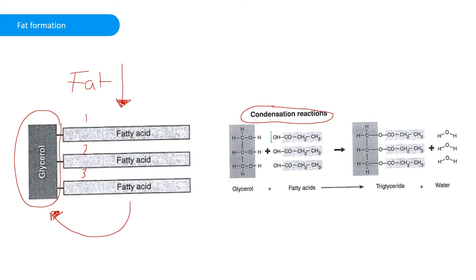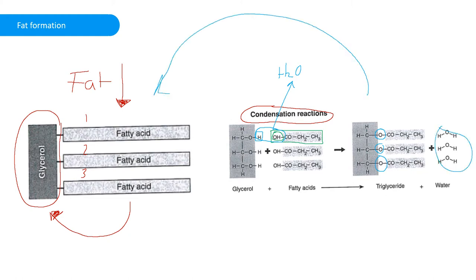We have one fatty acid here that has an OH group on the end, and we also have on the glycerol molecule a hydrogen poking out, and we get the H2O popping off, and we get the condensation reaction. So you can see hopefully that the O is joined here, and so we end up in total with these 3 condensation reactions and 3 molecules of water, and we get a fat. That's how fats are formed.